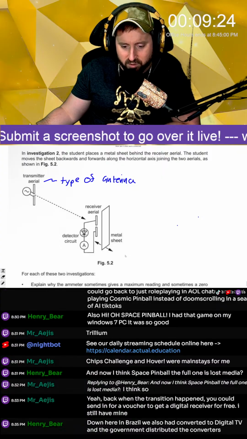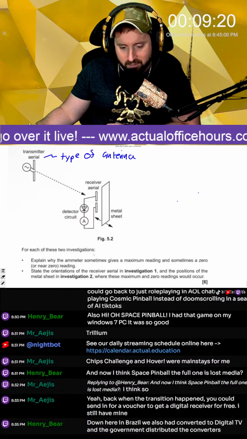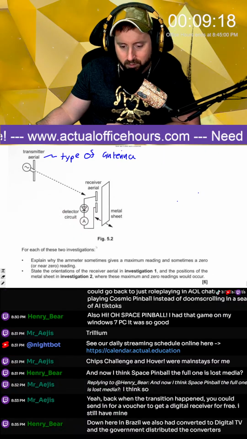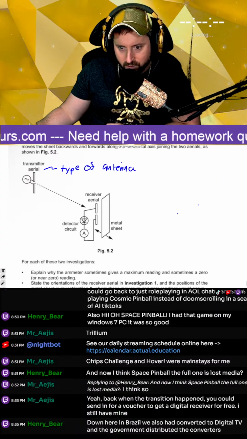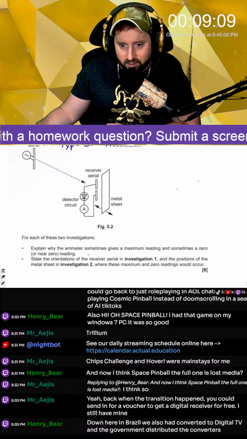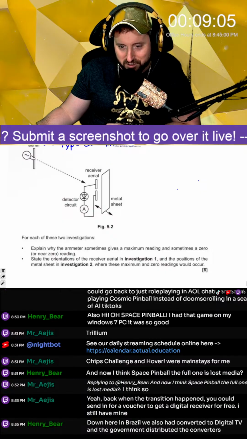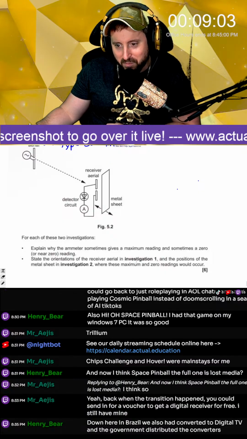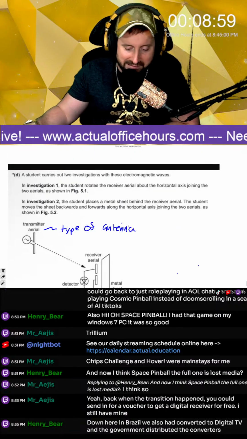There's got to be some phase angle that's hitting 90 degrees or whatever, and then you get 0 coming through it. I don't actually know what type of question this is. This is something from an EE class or something. State the orientations of the receiver aerial in investigation 1 and the positions in investigation 2 where these maximum and 0 readings would occur.